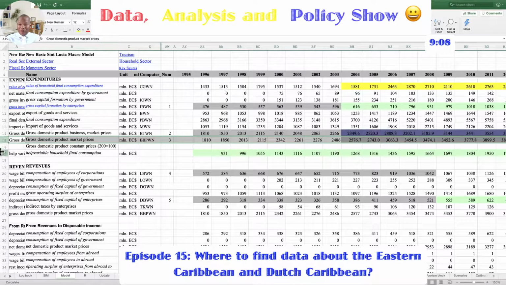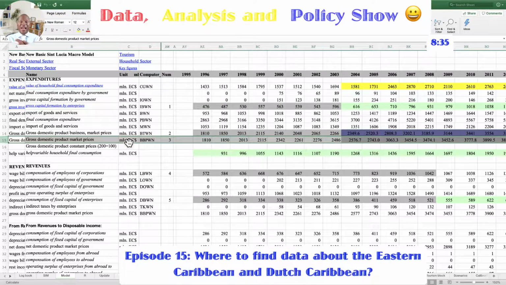So look at this. Saint Lucia, and now this is not in guilders anymore, but in Eastern Caribbean dollars, because the 8 islands in the Eastern Caribbean are all in one monetary union, and the 2 islands of the Dutch Caribbean, Curacao and St. Martin, are part of one monetary union.